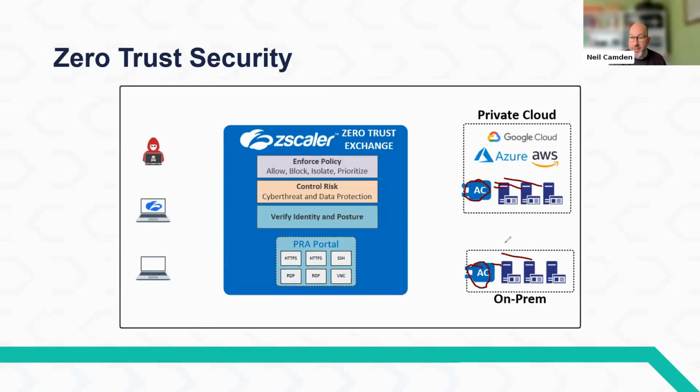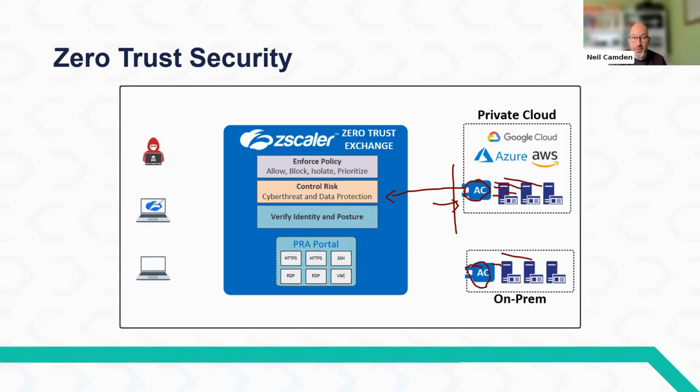These app connectors publish out the applications that are available behind them, but they publish out that application to the Zscaler cloud. They're not visible on the internet. There is no traffic allowed in here. Anyone on the internet cannot see these IP addresses or these ports as being reachable. The only way you can reach these applications is once you've authenticated and authorized through the Zscaler cloud.